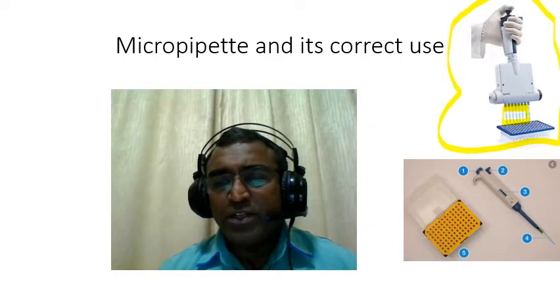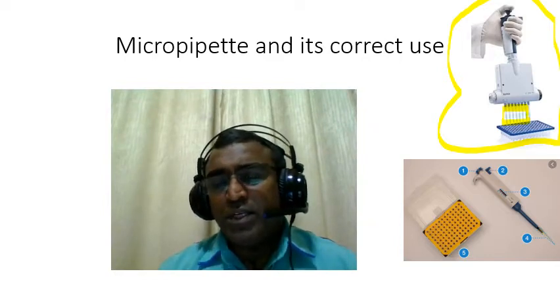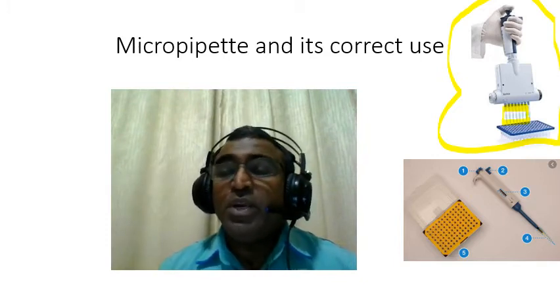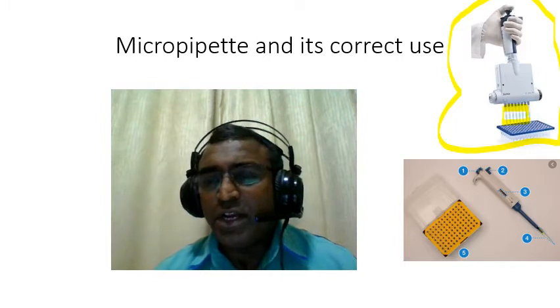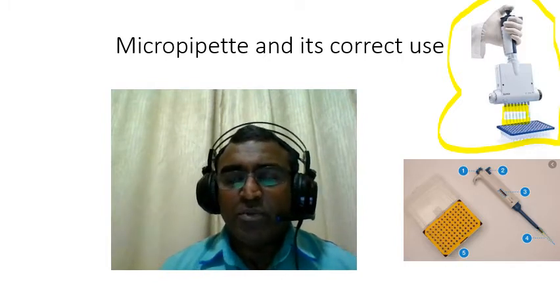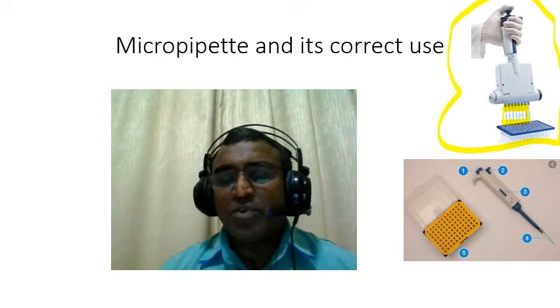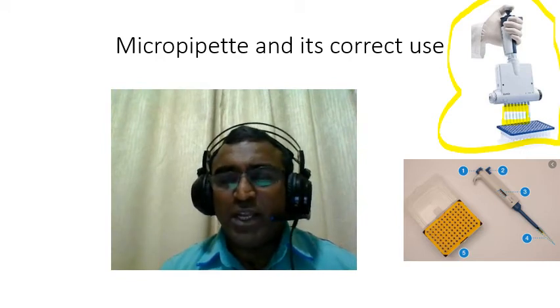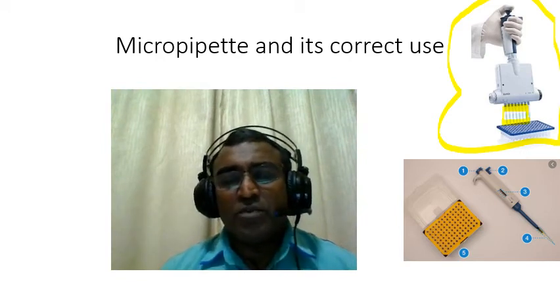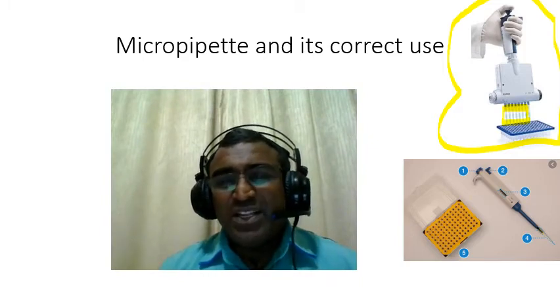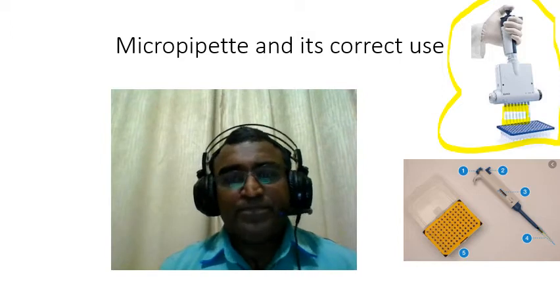A few wells can be filled with the same accurate volume. This shortens the time of preparation, and normally in diagnostic labs it is applied very well because they receive many samples from customers, so they want to quickly get the result, for instance, to the doctor to interpret. So that's a multi-channel micropipette.